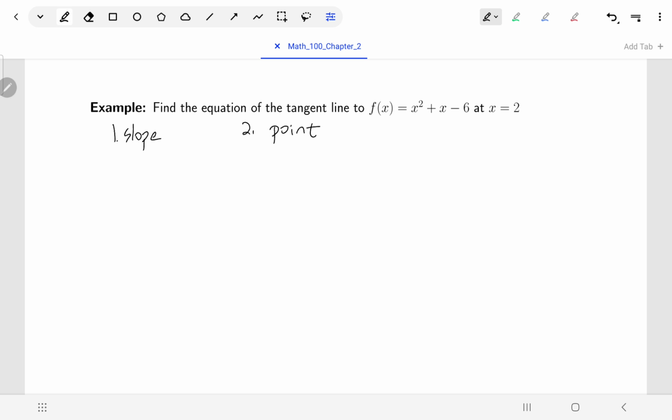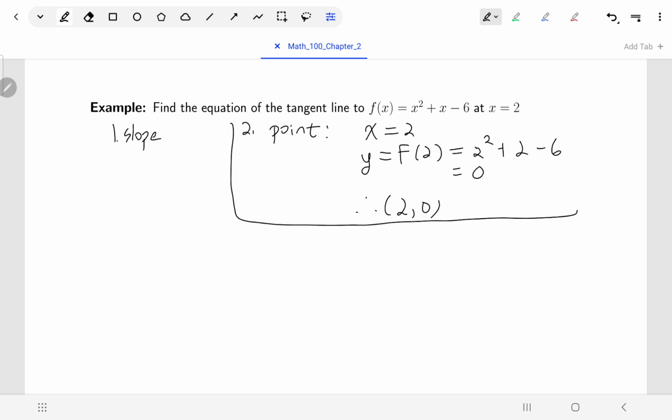For the point, we already know the x-coordinate is 2, and we just need to know the y-coordinate. I find that by putting 2 into my original function. With a little bit of cleaning up, I find that my y value is 0. So the point we're talking about is the point (2, 0).